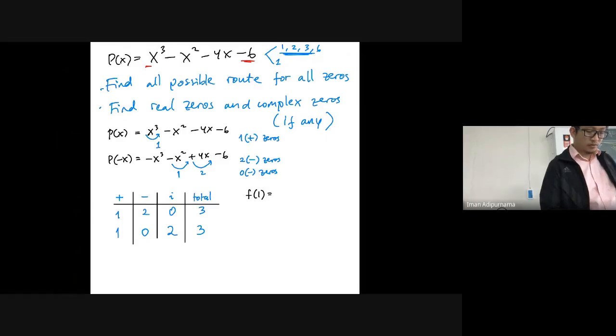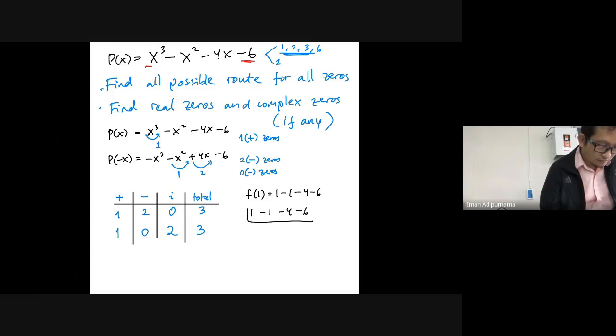We can check 1. I think it's not, right? Let's check with synthetic division. It's also not 0.